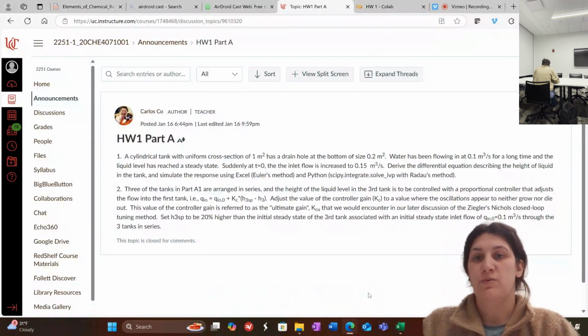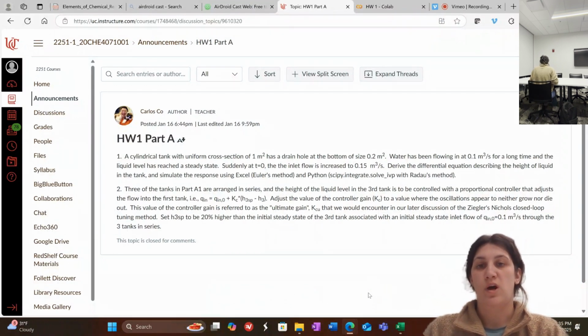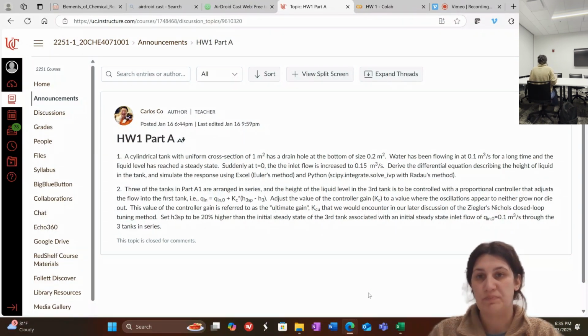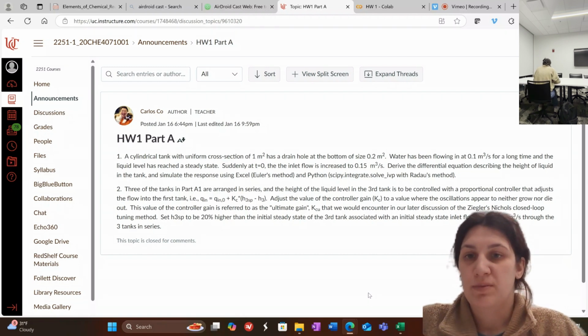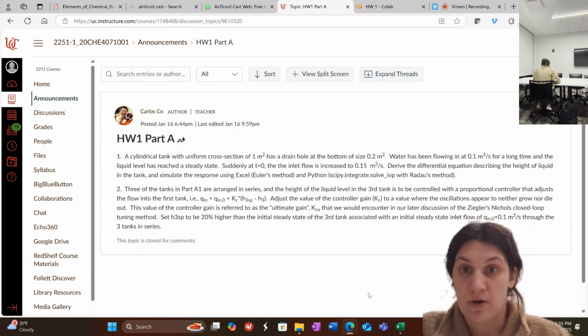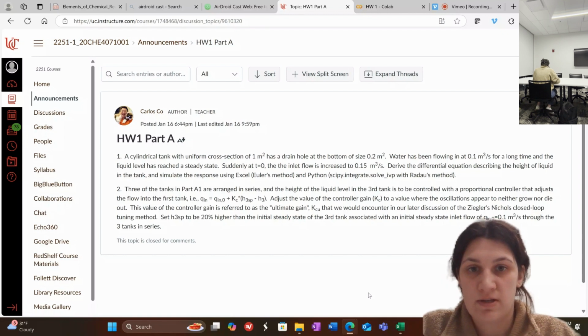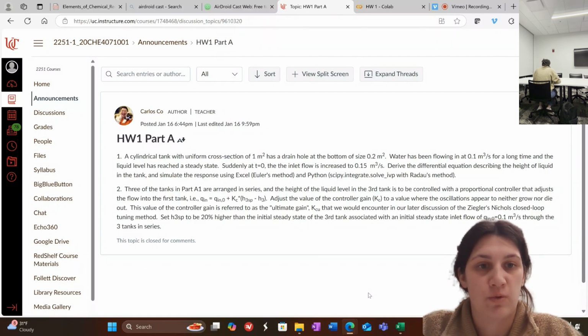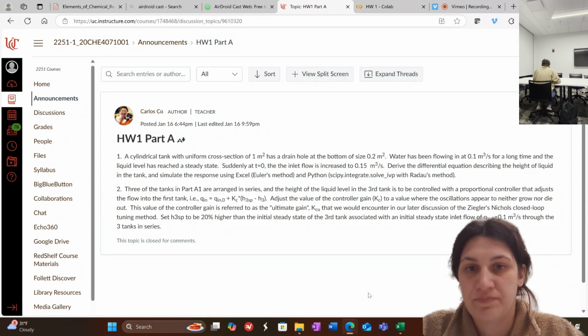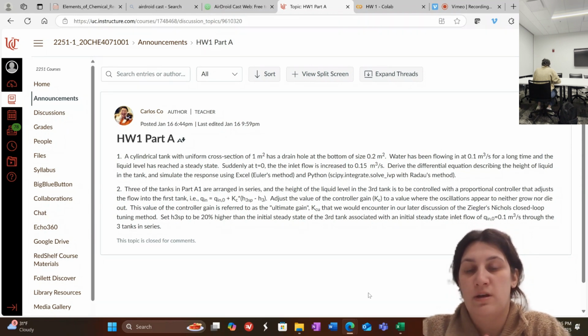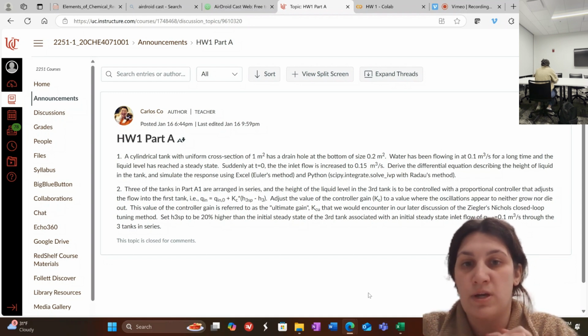Now we're ready to move on to Homework 1, Part A2. This problem says 3 of the tanks in Part A1 are arranged in series, and the height of the liquid level in the third tank is to be controlled with a proportional controller that adjusts the flow into the first tank, i.e. Q_in is equal to Q_in_0 plus Kc times H3 set point minus H3.